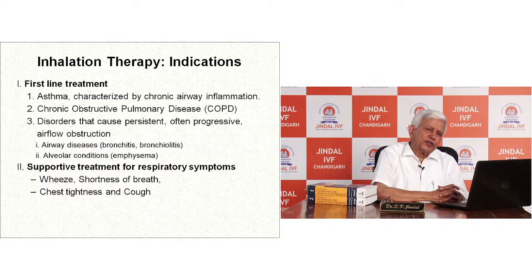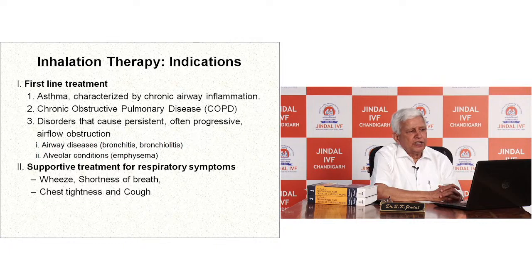Then there are other conditions of the airways like bronchitis, bronchiolitis, and alveolar conditions like emphysema, in particular small airway dysfunction. So the inhalation route is preferred, and we now have different kinds of inhalers which deliver drugs to the smaller airways as well, and we'll come briefly to those issues subsequently. So these are the three most important indications for inhaler therapy.